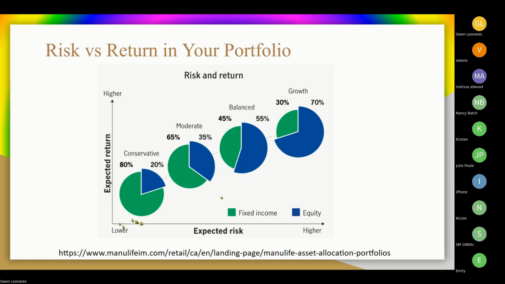So this one doesn't really consider age. I just liked it as a way to visualize what their portfolios look like in general if they're conservative versus aggressive. If you're nearing retirement, you probably have a more conservative portfolio because you don't want to retire and then not have any money.